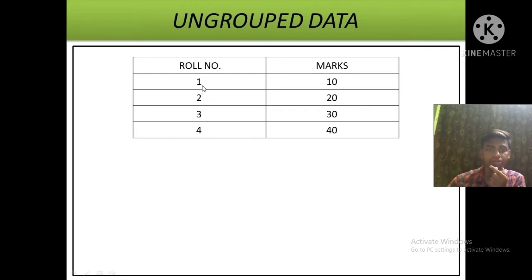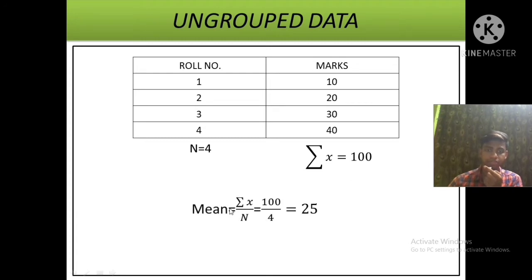You can see roll numbers 1, 2, 3 and 4, so n is 4, and x is the observation. Summation of x is 100, because we are summing up 10, 20, 30, 40. Our formula is mean equal to summation of x divided by n. We put the values here and we get this answer.